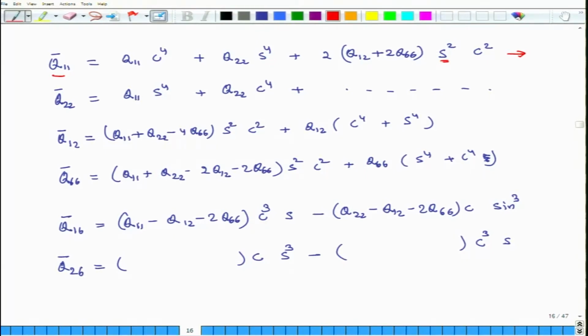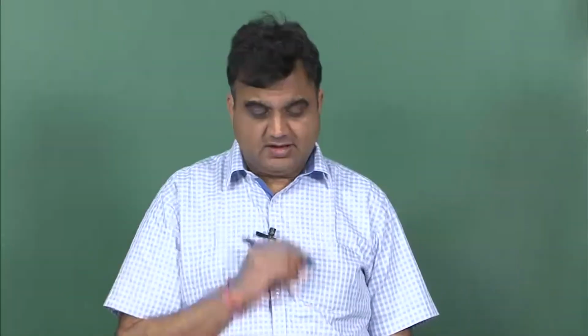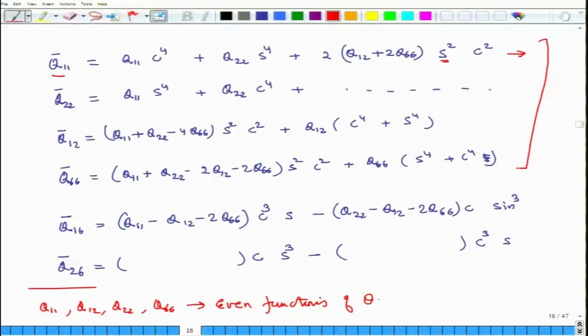So, Q11 bar, Q12 bar, Q22 bar and Q66 bar are even functions of theta. That is, if I change theta from, let us say, 30 degrees to minus 30 degrees, the values of the first 4 Q bars will not change.